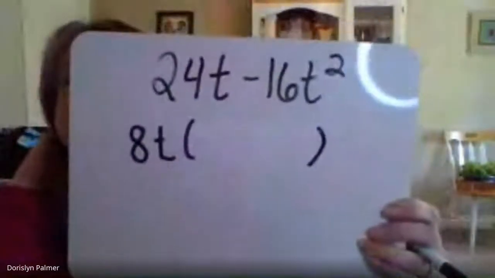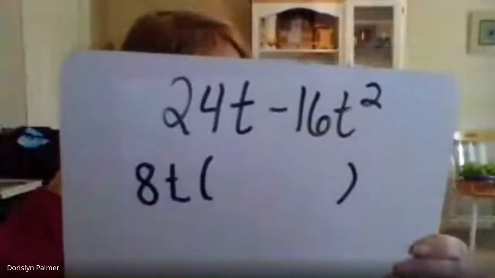Good. Okay, so we're going to factor out an 8. And then we have a t to the first power and a t to the second power. We can only take the lowest power, so we're going to factor out just t to the first. Our factor looks like that, 8t, and then we have parentheses.